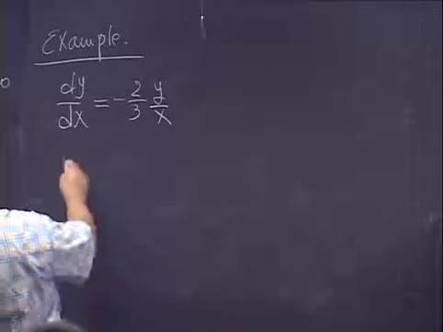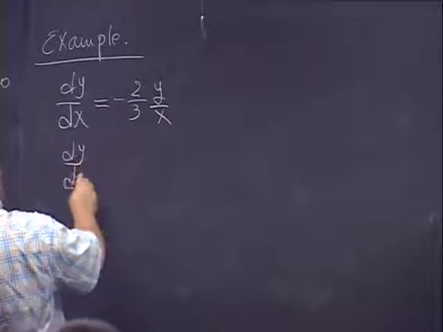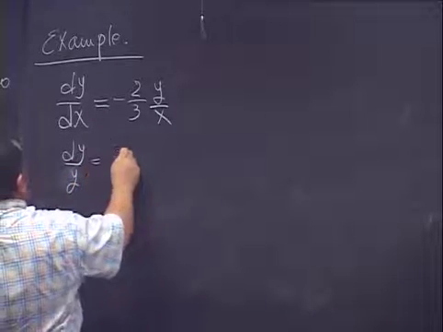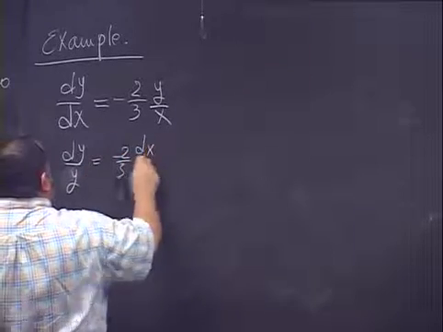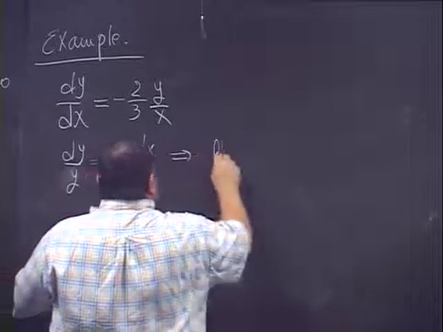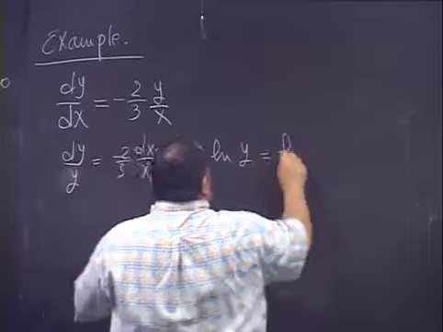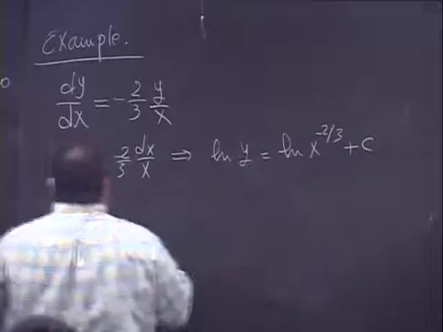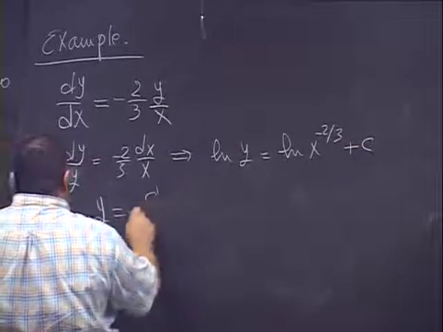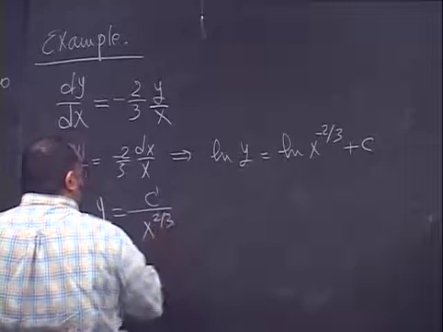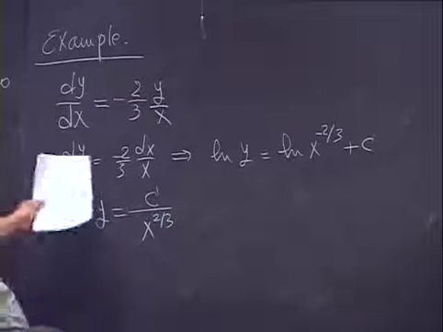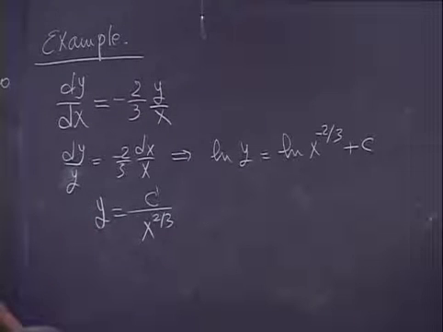If you solve it with the separable method, dy over y equal to negative 2/3 dx over x, this will give you ln y equal to ln x to the power of negative 2/3 plus c, and this will give you the solution as c prime over x to the power 2/3. This is just the separable solution for this equation. This is what we investigated last time.